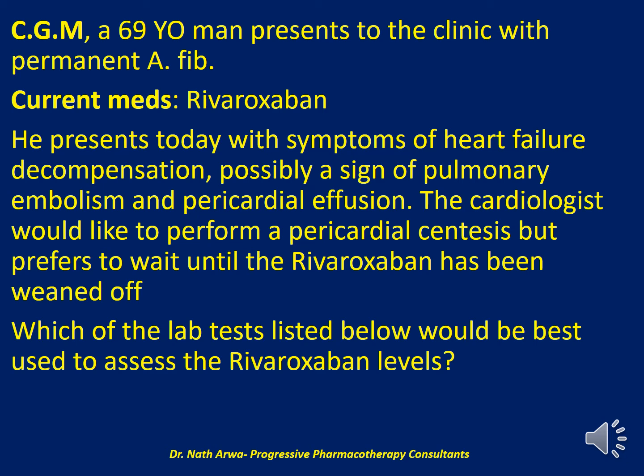The cardiologist would like to perform a pericardiocentesis, but prefers to wait until the rivaroxaban has been weaned off. So my question to you is, which of the lab tests listed below would best be used to assess the rivaroxaban levels?